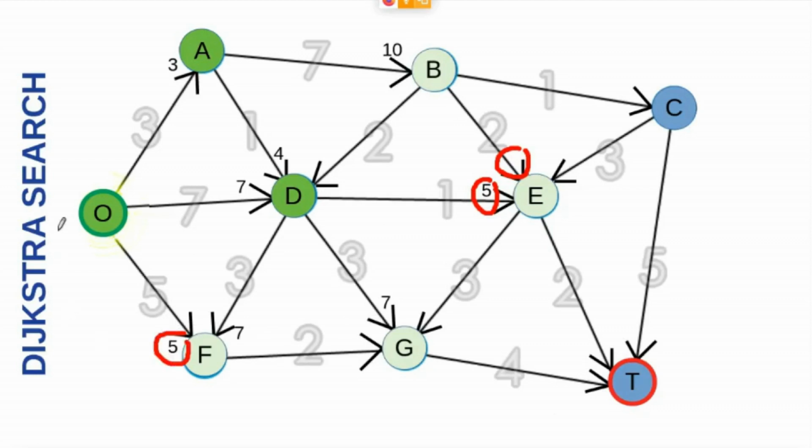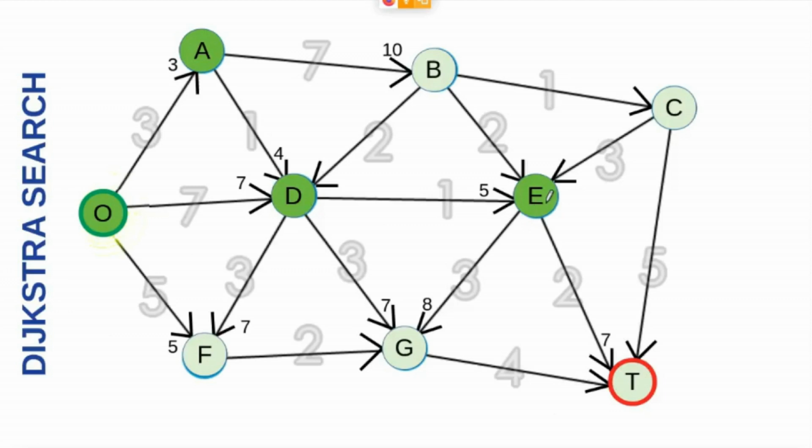Just remember the Dijkstra algorithm does not forget about the previous candidates. But here we have a tie. We have a 5 and a 5 between these candidates, right? So we decide, for example, about the E, but otherwise you could have decided about F, right?